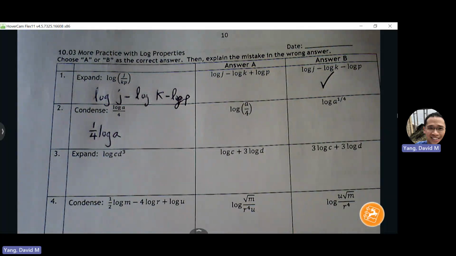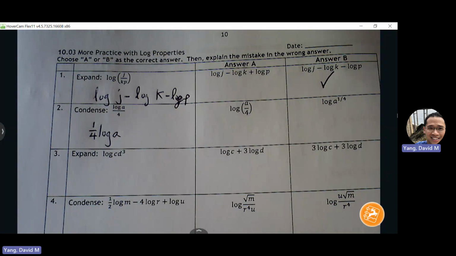Divided by 4 is taking a 1/4. I can push that 1/4 out in front. The condensing just means bringing my coefficient up as an exponent.